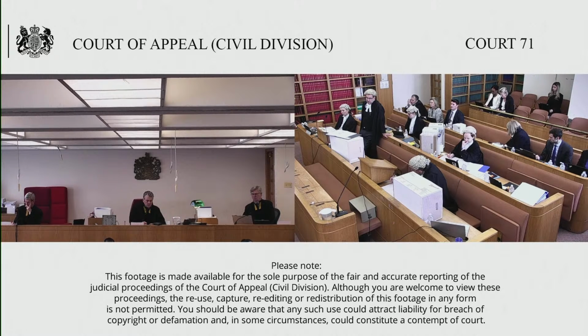And we say there is no need for equity to innovate, to come up with some new form of injunction. In these circumstances, the standard forms of injunction adequately cover the position.